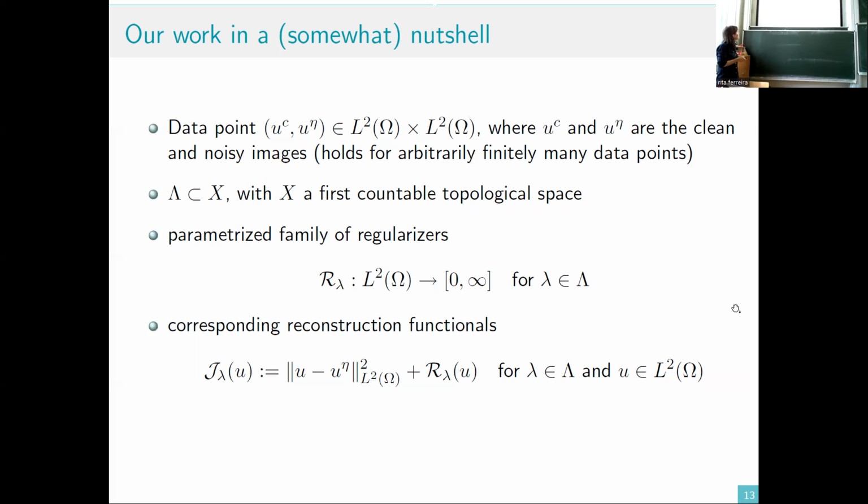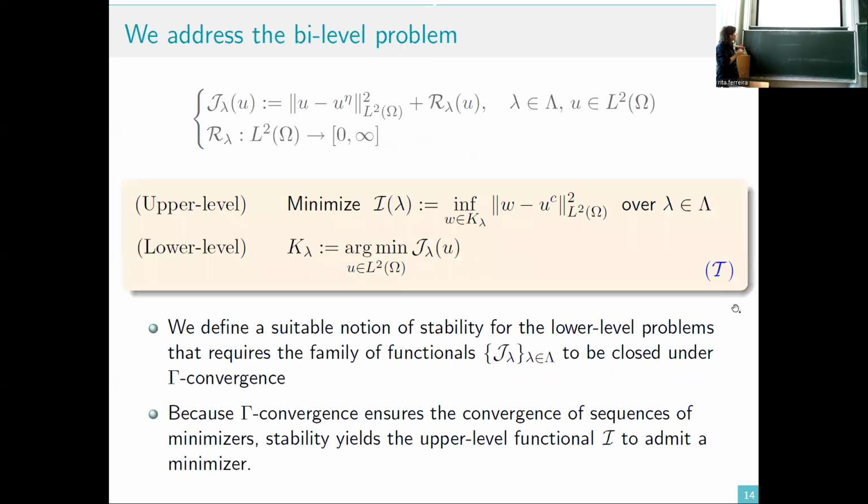So this is the setting, and here I'm repeating, and then we look to our bi-level scheme, and this is what I've shown you before. So we have our reconstruction functionals for each lambda. We look for the minimizers. If it is unique, this is a point, but it can have more. So I look at the set of minimizers, which is this capital K lambda. I have my minimizers, and then I have my cost functional.